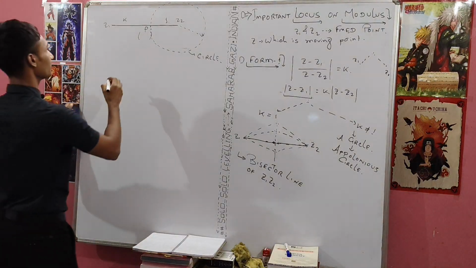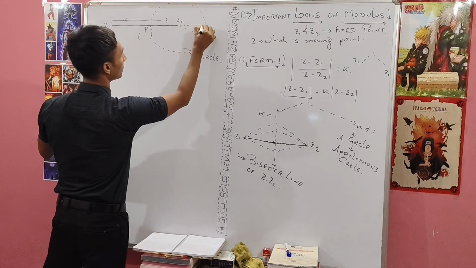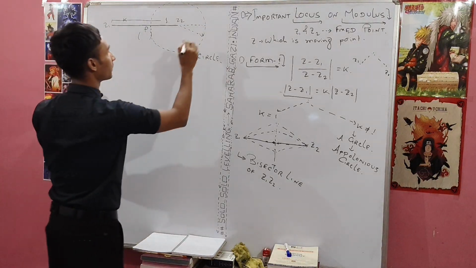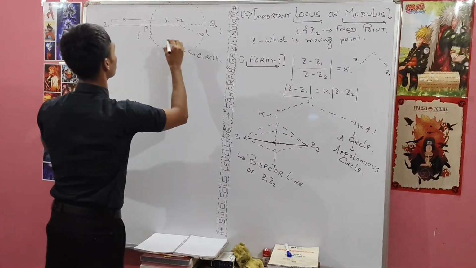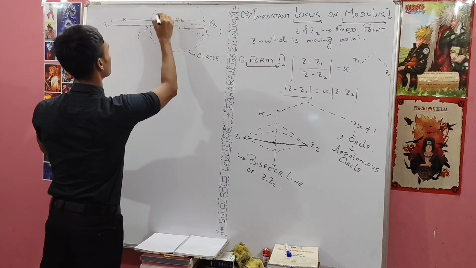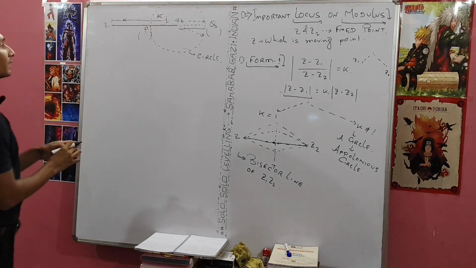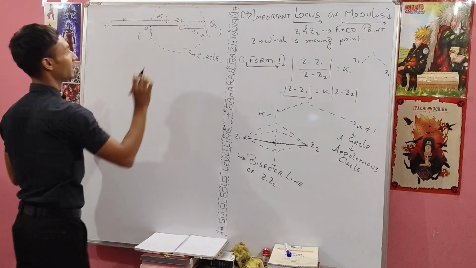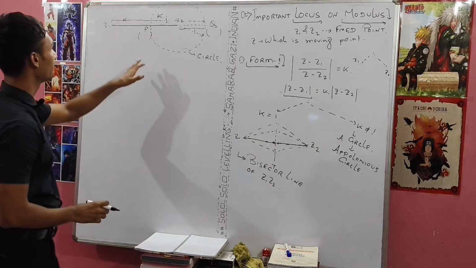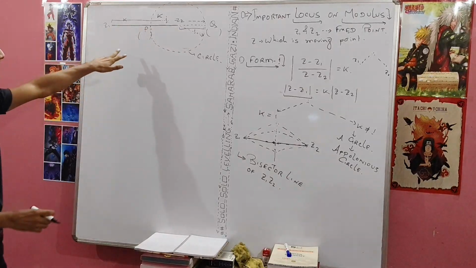Now here one thing, this is the diametric end, this is the diametric end, one is p and another one is q. For this q, the total length of z1q will be k and this will be 1. So q will divide z1 z2 externally, like p divides z1 and z2 internally with the ratio k is to 1.